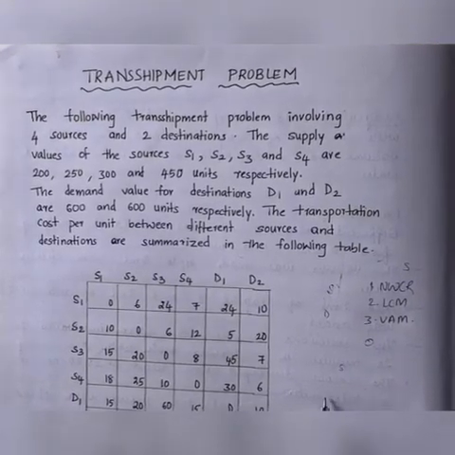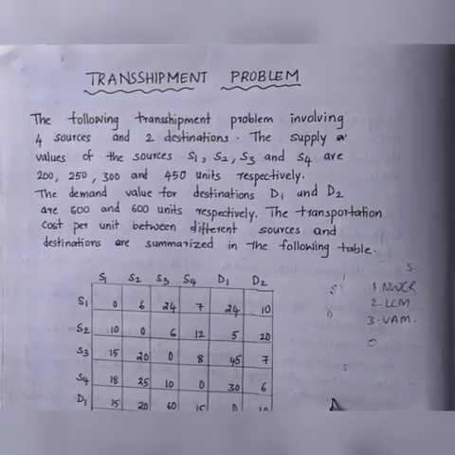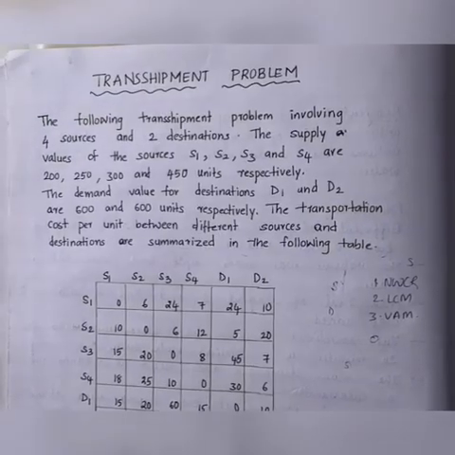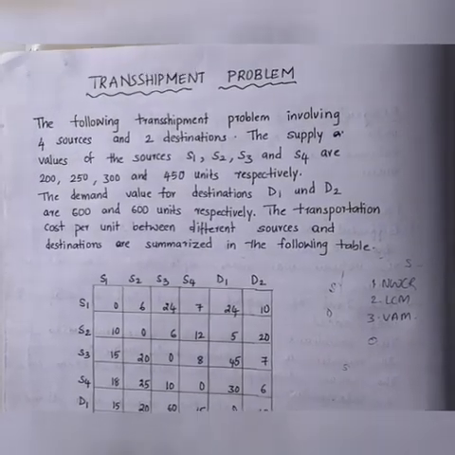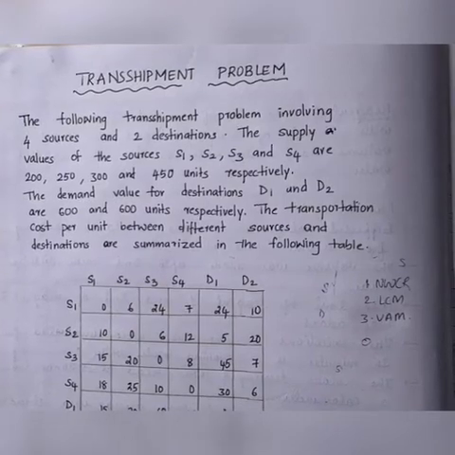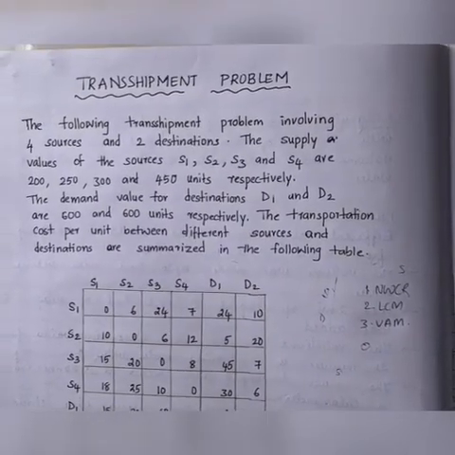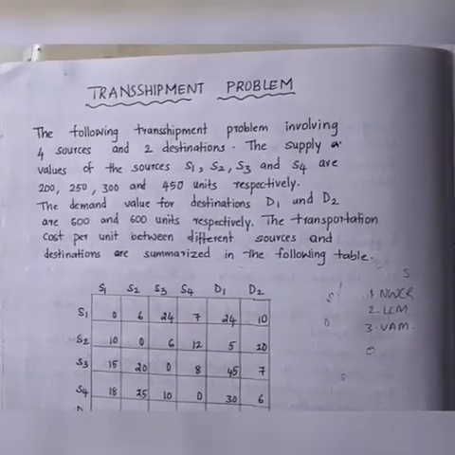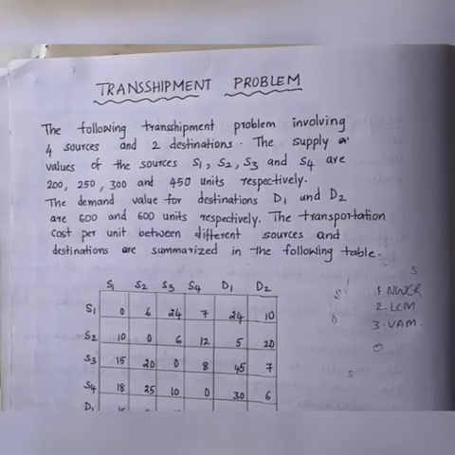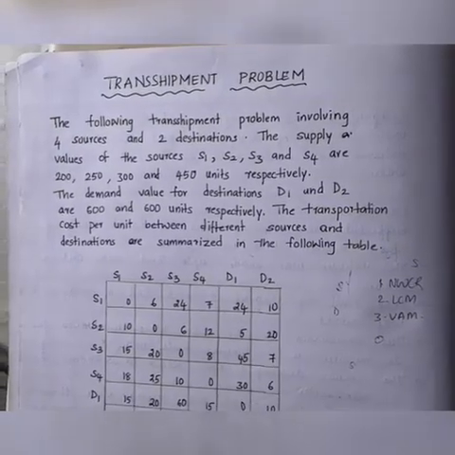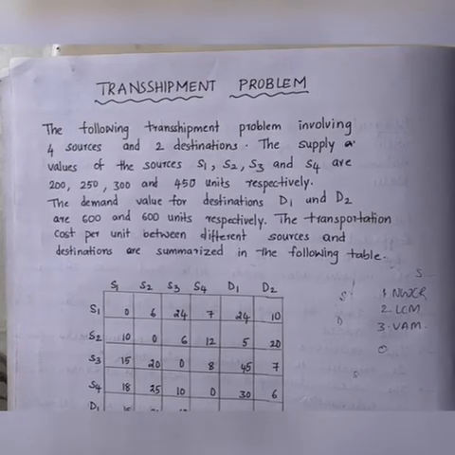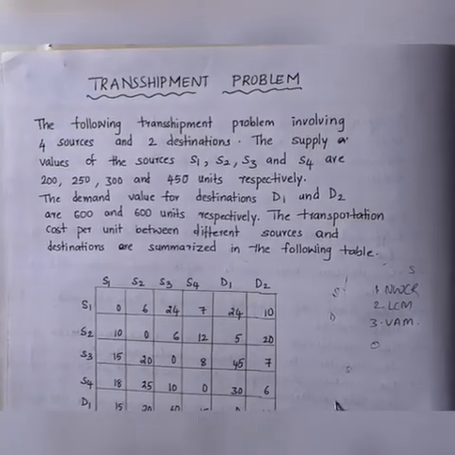In transportation problems, the nodes, according to their function, can either receive or send the goods. But here the transient node could do both functions: it will receive the goods as well as send the goods.